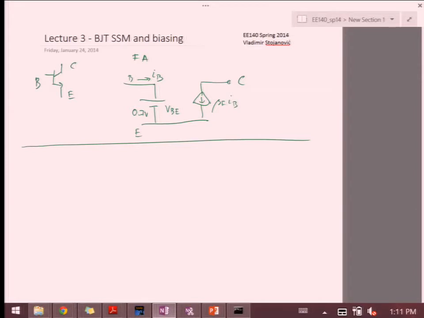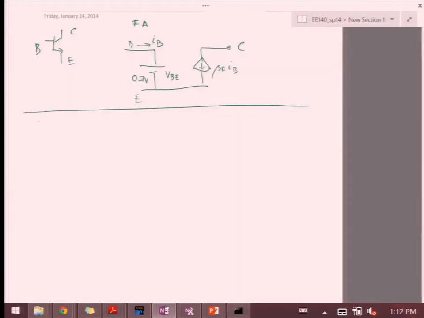One of the most dominant effects for the forward active regime is the early effect. This is really the effect of VCE, the collector emitter voltage, on the characteristics of the collector current.